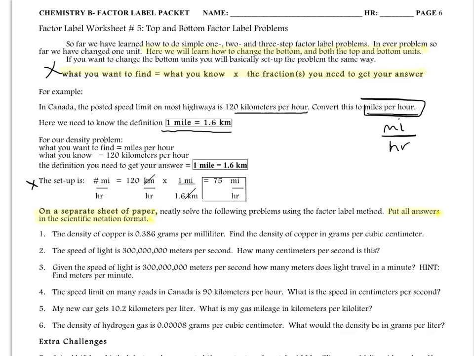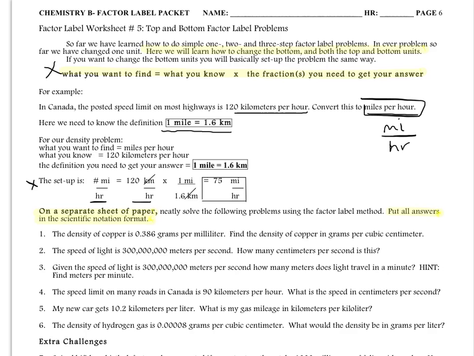So that's what we're putting over here, and we are setting it equal to the 120 kilometers per hour. So again, we have a unit with a top and a bottom: the miles on the top and the hours on the bottom, the way we show speed in the US, and then the kilometers on top and hours on the bottom, the way they show the speed limit in Canada.